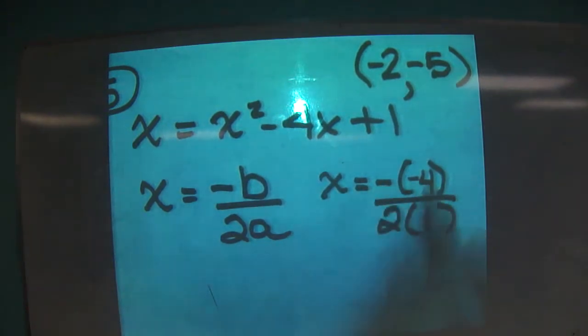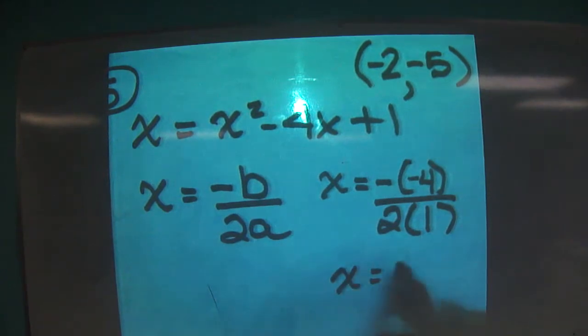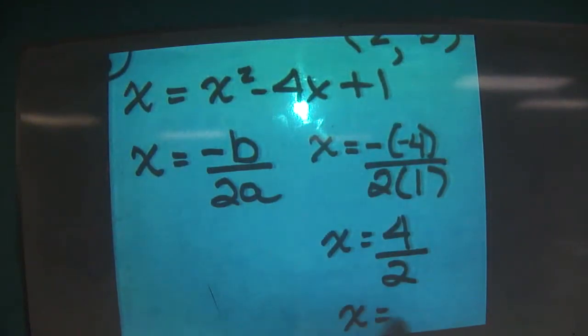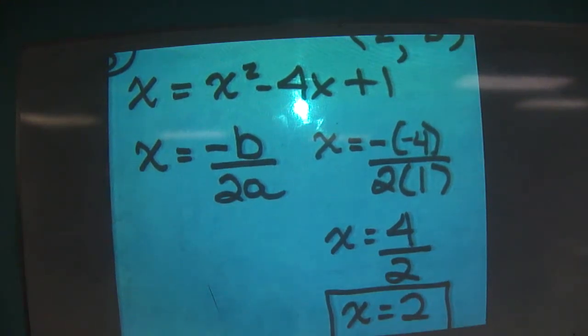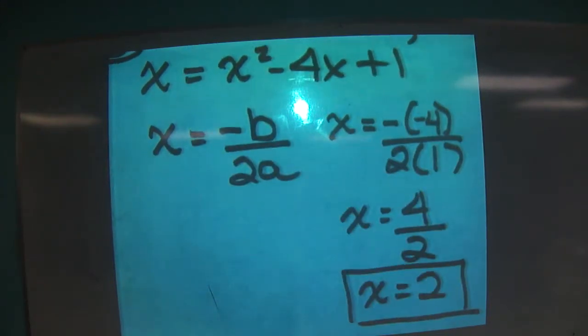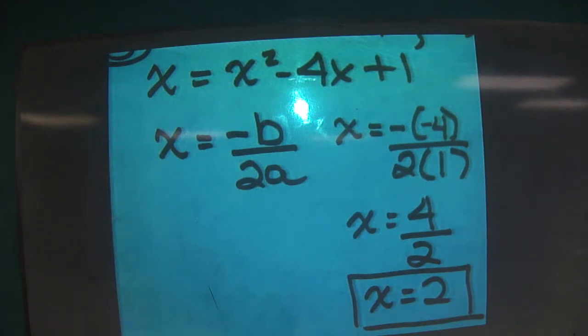So what's the opposite of -4? +4. 4 over 2. So what is x? 2. X is 2. So that is the equation for the axis of symmetry, even though they didn't give us a graph. Well, how do you know that the answer is 2? Because 4 over 2 is 2. They didn't give us a graph, but we still got the axis of symmetry.